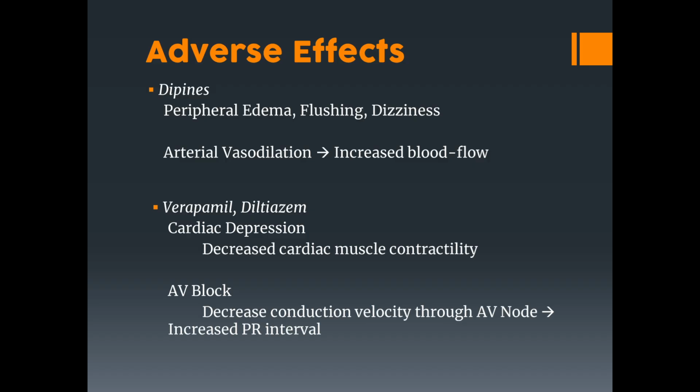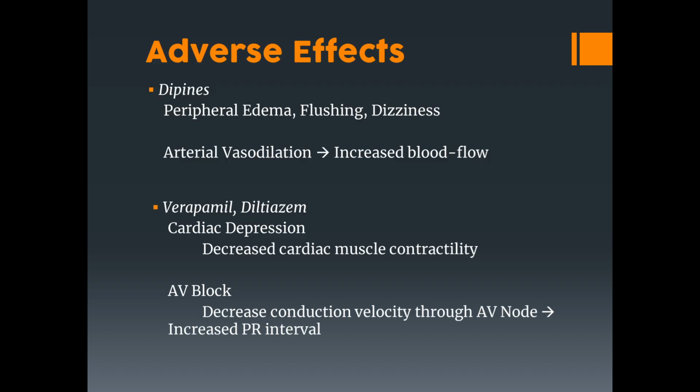So now all these are peripheral, because I'm saying peripheral to clarify it from the heart side. So how do dipines cause these side effects? They cause these side effects by arterial vasodilation, the main mechanism of action of CCBs.